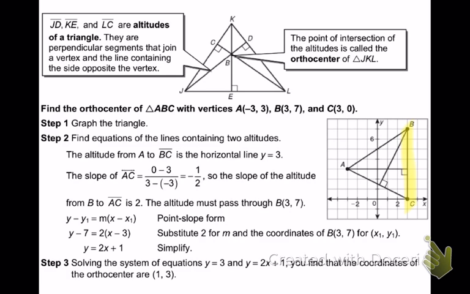So if you think about BC, it's easy to find the altitude of BC. Why? Because it's going to be a horizontal segment from A. So there's our altitude for BC. Everybody does really well on that one because it's a vertical line. Perpendicular has got to be a horizontal line. That makes sense, right?